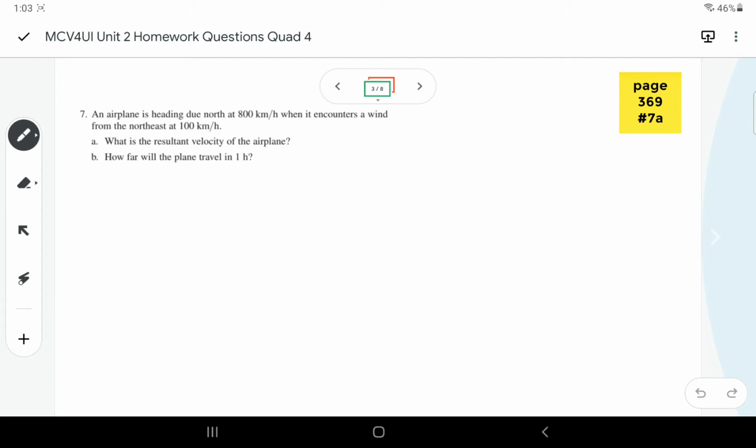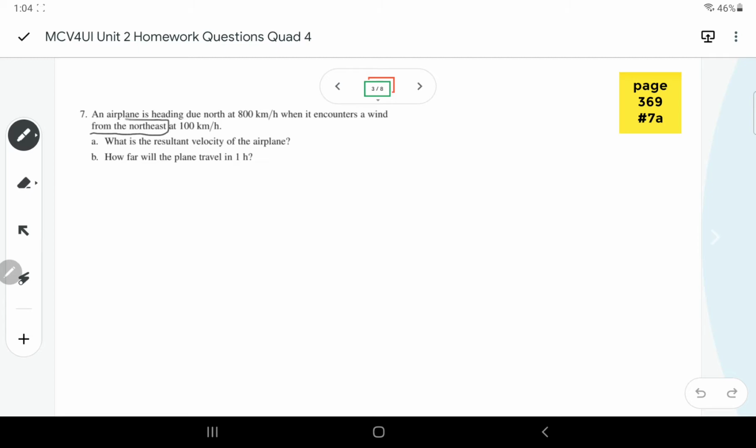And then the next one is on the velocities homework page. So we're on to page 369, number 7. This says an airplane heading due north at 800 kilometers an hour encounters a wind from the northeast.